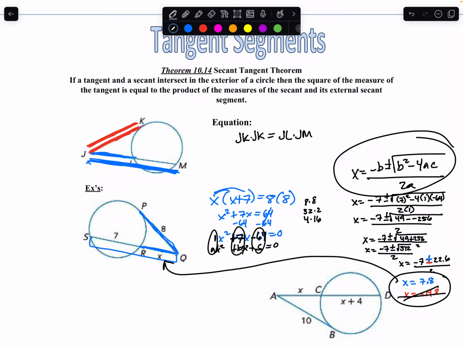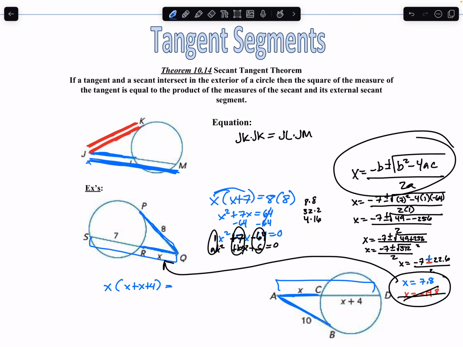If you look at this next scenario, hopefully this one is not as complex to solve and doesn't take us as long, but we do a very similar setup, right? We have the outside times the whole. The outside is x, the whole is all of it added together, x plus 4. We're adding them, and that'll equal the next scenario.